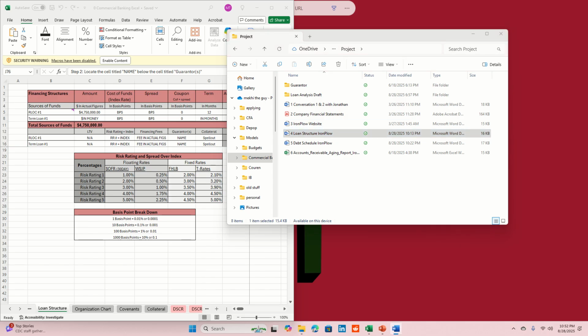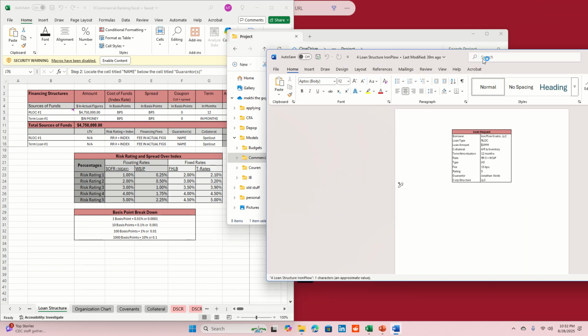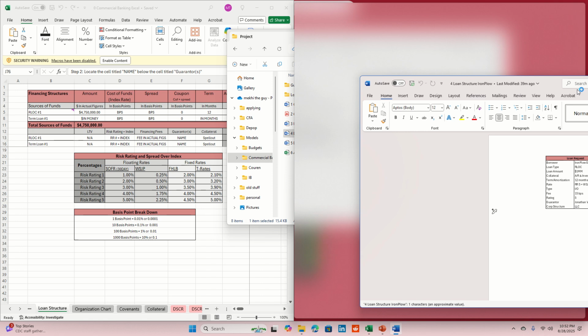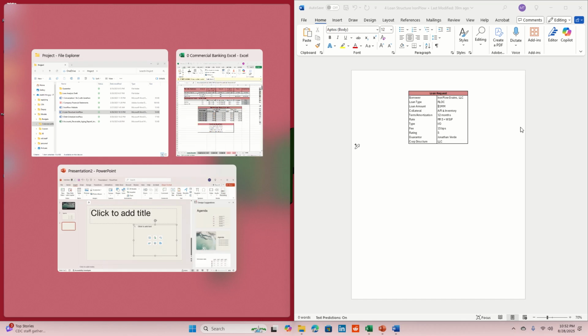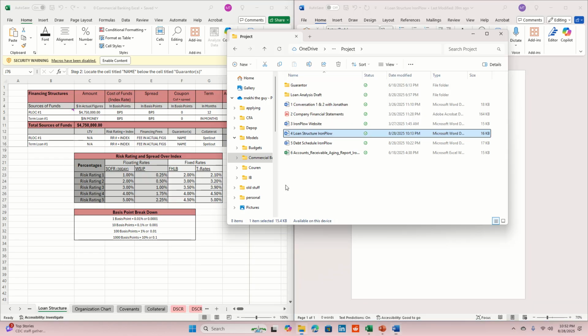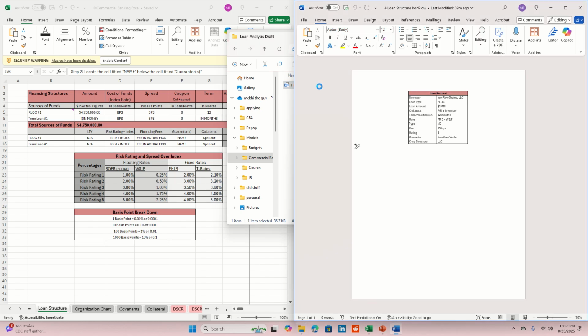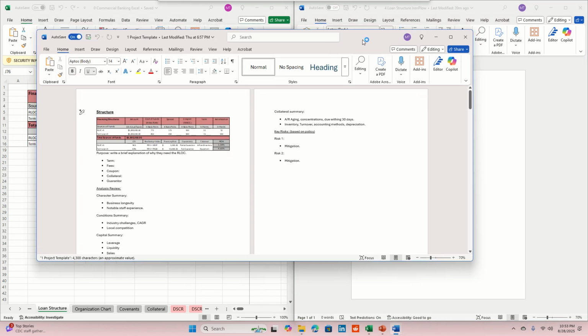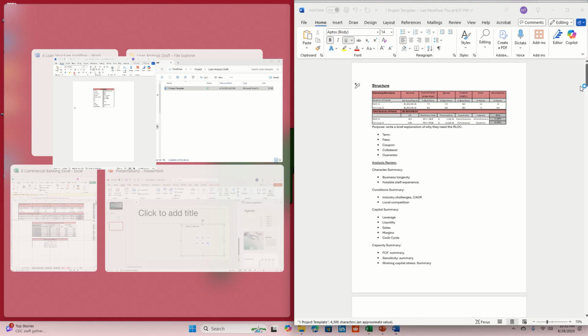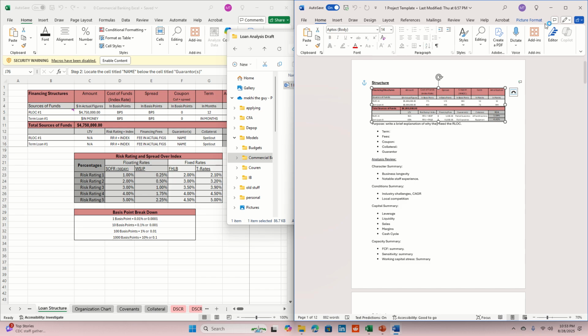Yours should be titled something similar, but it's definitely going to be number 4. And then you're going to need to open loan analysis draft, and then number 1, project template. For now, we'll put this in the background so you can minimize it.